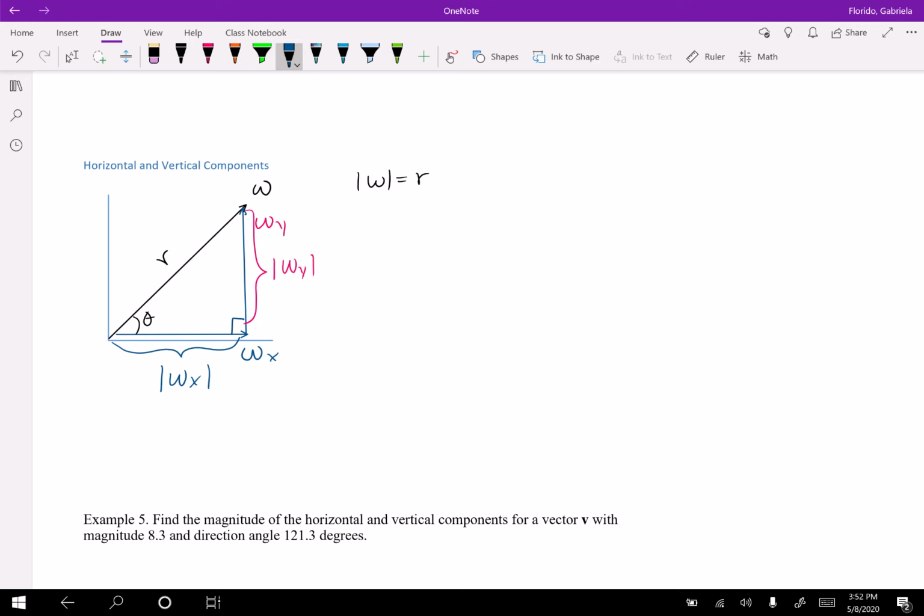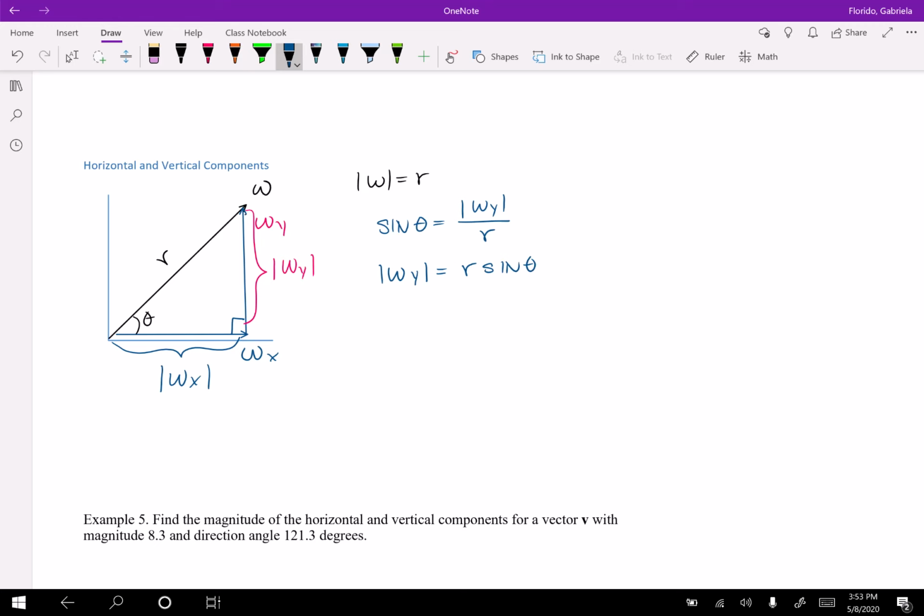So if I do sine of theta is equal to the magnitude of Wy over, again, the magnitude of my vector W, which is r. Then if we multiply both sides by r, we have the magnitude of Wy in terms of theta and r, which is equal to r times sine of theta. So we already found the magnitude of my vertical component.